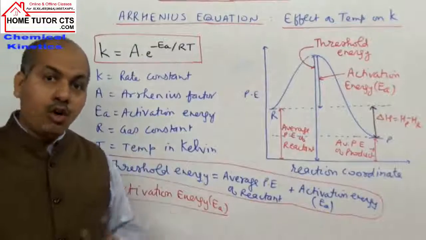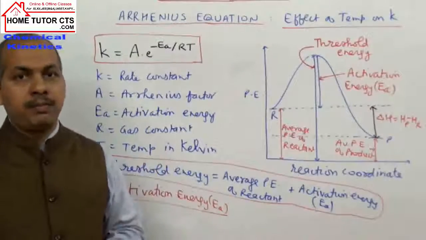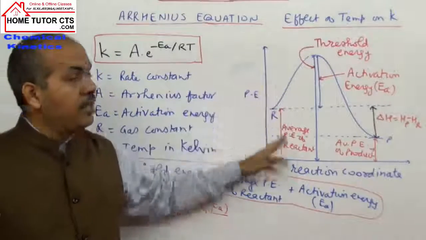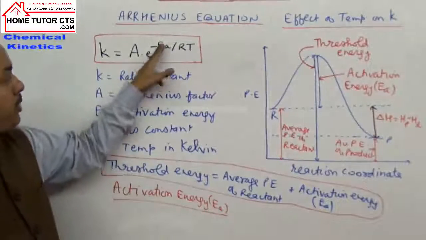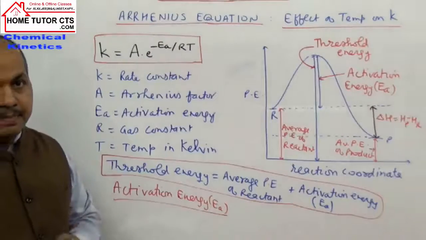If they are proper orientation, दोनों चीज चाहिए आपको इसमें. They should have proper sufficient energy and also proper orientation. So in the given term, energy part is explained by this case.